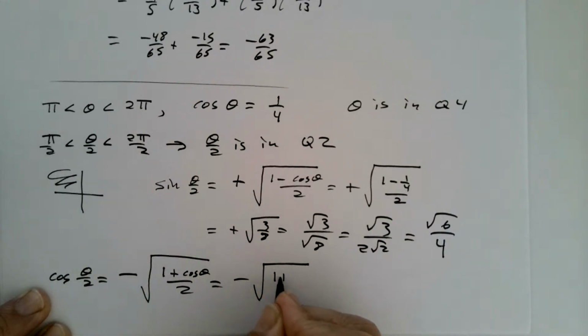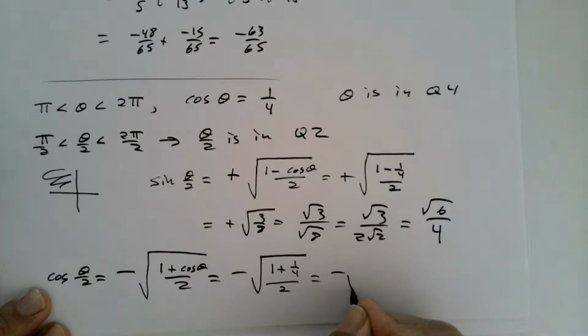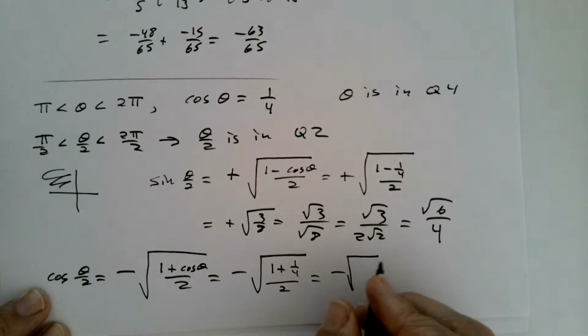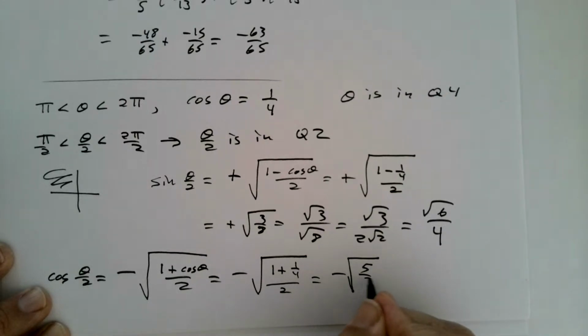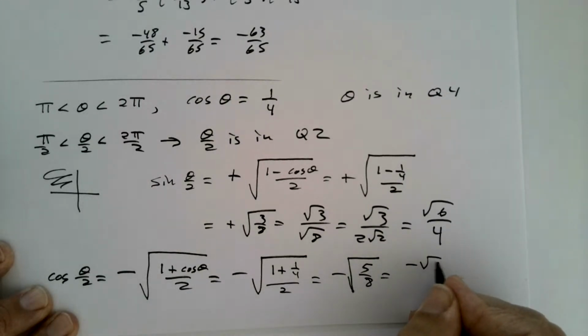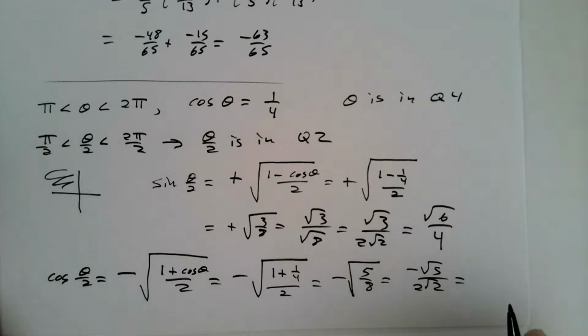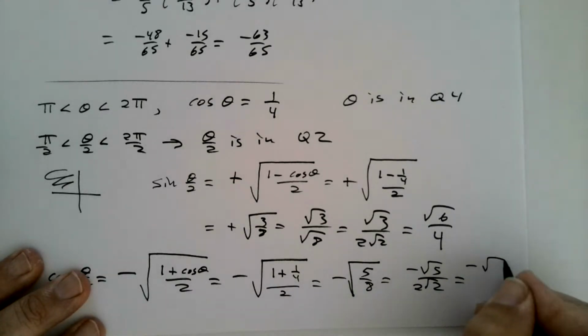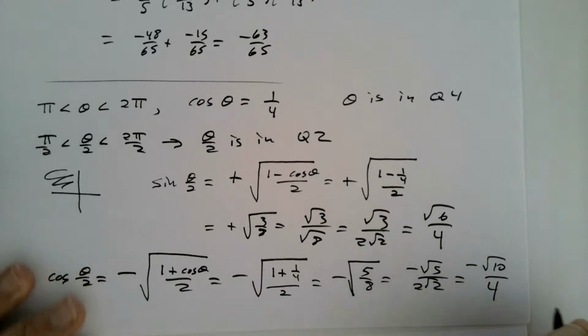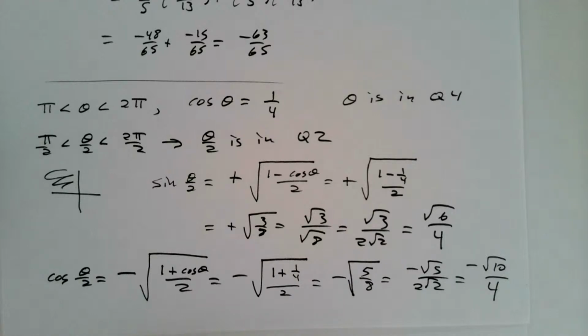Negative square root of 1 plus a quarter over 2. So that's negative 5/4 over 2, which is 5/8. Negative root 5 over 2 root 2, which would be negative root 10 over 4, if we're looking at it that way.